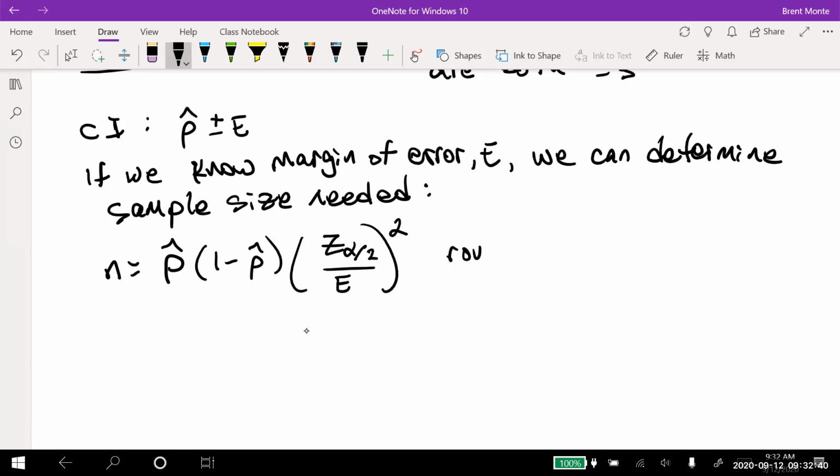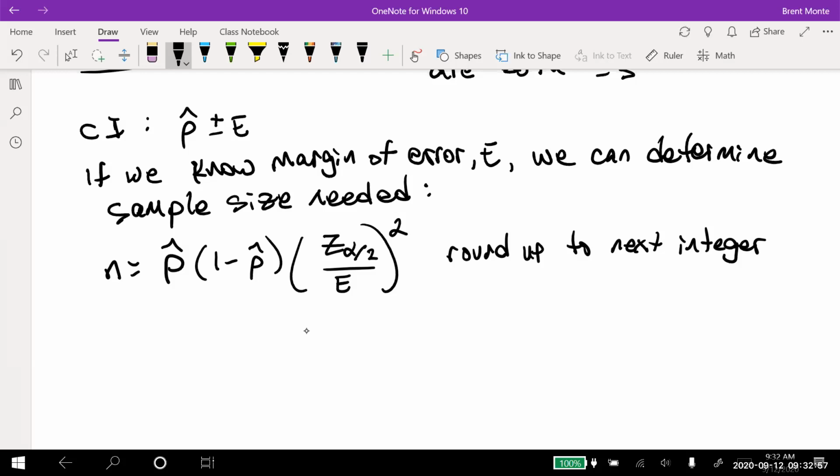And then whatever we get here, we have to round up to the next integer. We could just say to the next whole number. That would probably make more sense to you. So you don't have to think, oh, what was an integer? Most people remember what a whole number is.